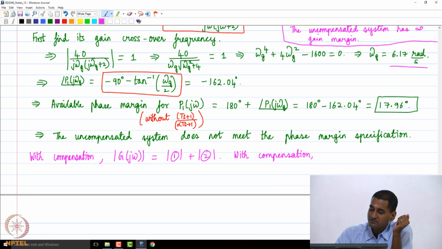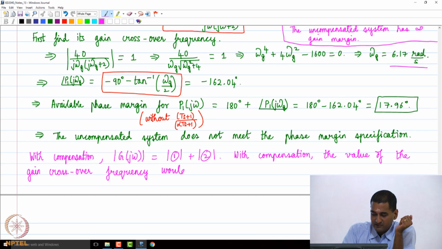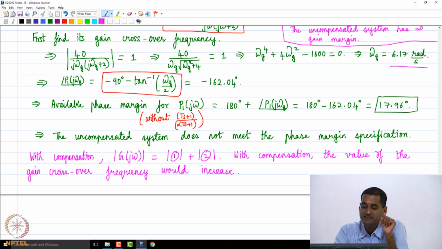So you immediately see that with compensation the value of the gain crossover frequency would increase. And if this gain crossover frequency increases, the phase of factor 2 will become more negative at the increased gain crossover frequency.